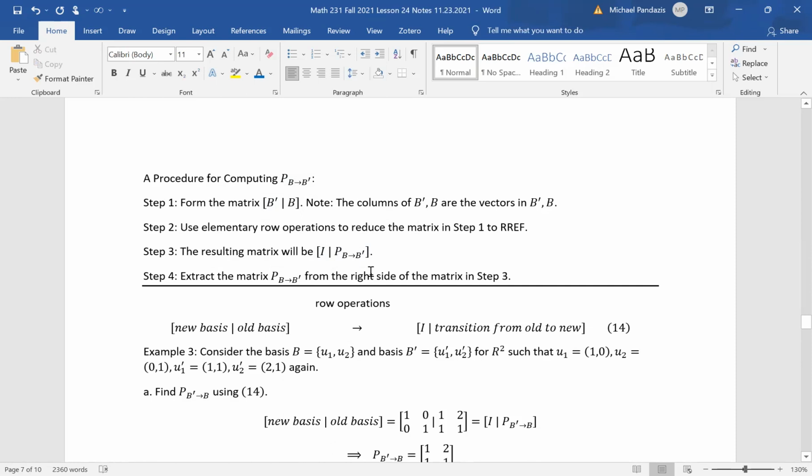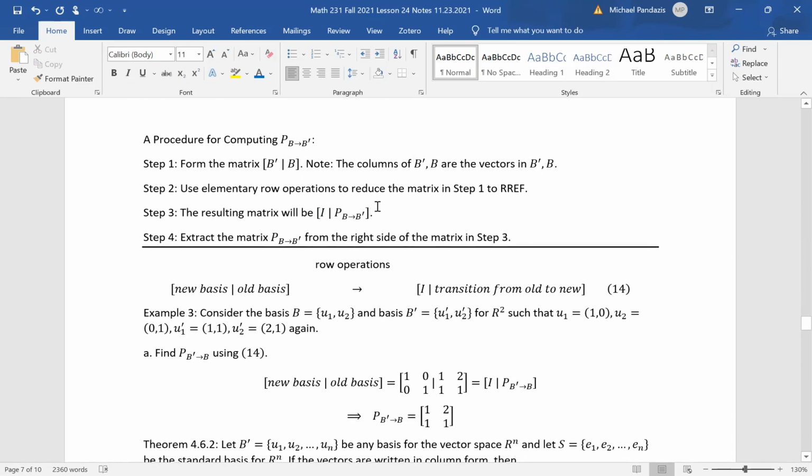If you follow these 4 steps in this order exactly and do it correctly, you will get the transition matrix. Okay, so you have here the matrix that I wrote, where this is the new basis and this is the old basis, right? The columns of this matrix are the new basis vectors, and the columns of this matrix are the old basis vectors, right?